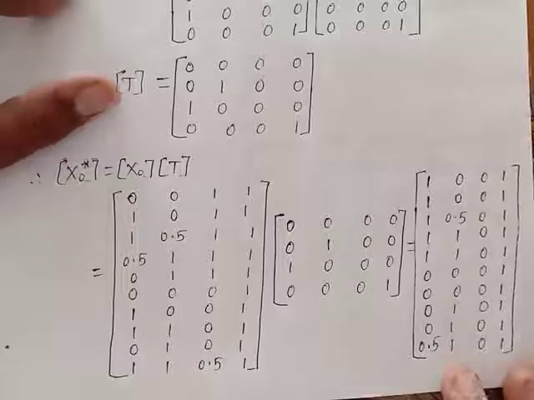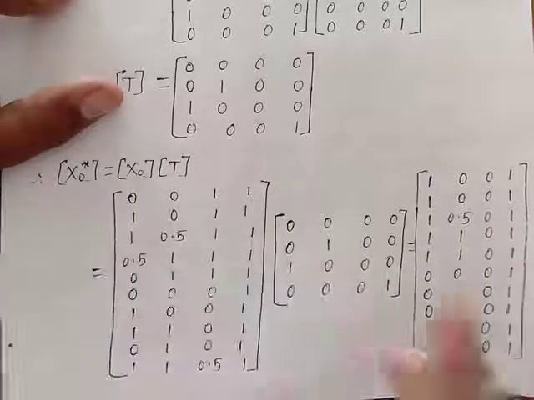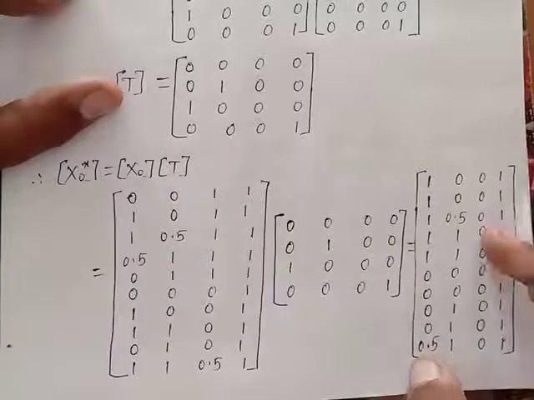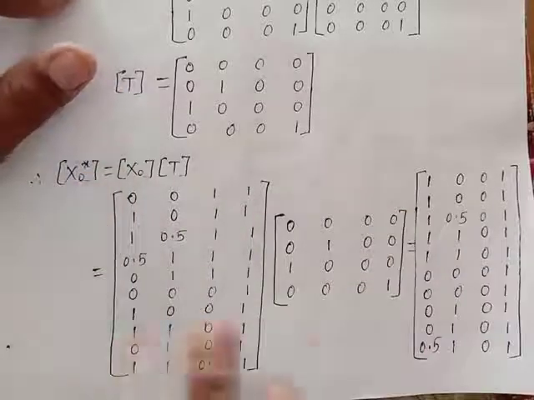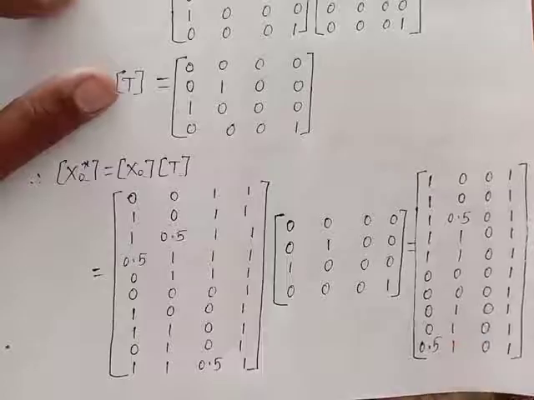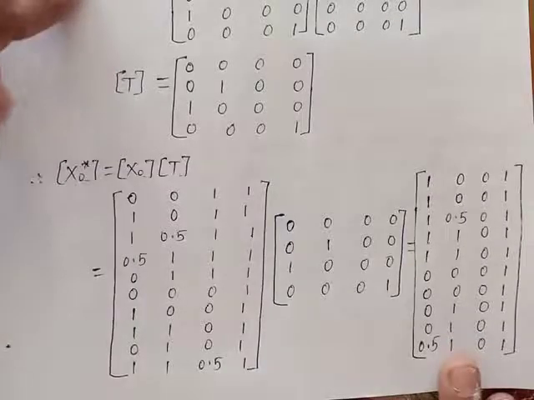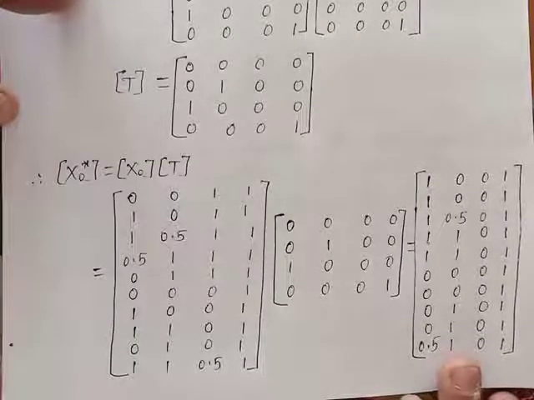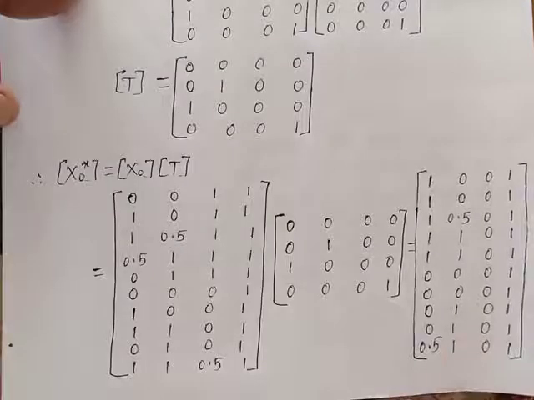This is our resulting matrix by taking multiplication of these two. Means this is our left view of that object, the unit cube where one corner is removed. This is the answer here. So now here we will stop. In the next video we will see axonometric projection. Thank you.